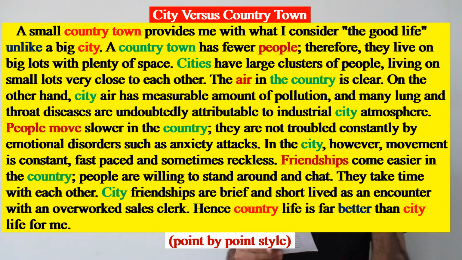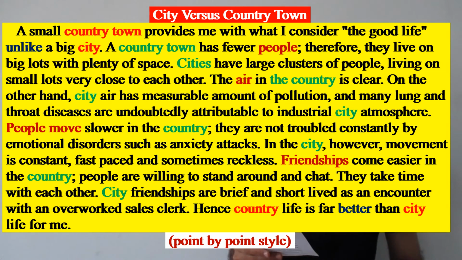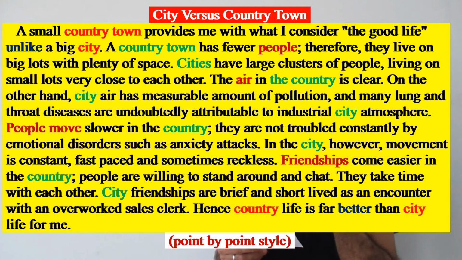Then the fourth point is friendships come easier in the country. People are willing to stand around and chat. They take time with each other. City friendships are brief and short-lived, as an encounter with an overlooked sailor's clerk, as if you meet someone suddenly in the street and you leave him quickly. Right, so here he also mentions this point of contrast, and he shows how friendship in city and town are different.